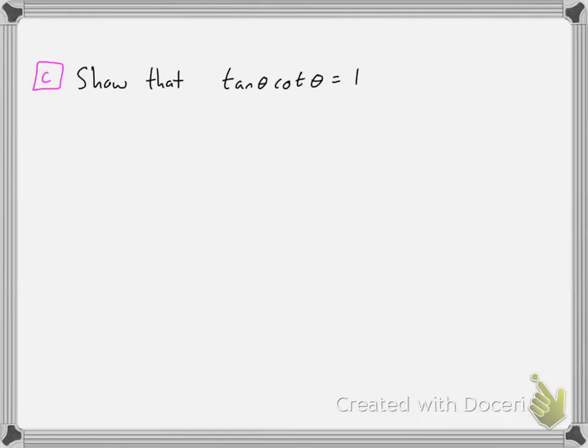One more example, and we'll be good to go. Here, I want to show that tangent of theta times cotangent of theta equals 1. As I said before, whenever I see tangent or cotangent, typically a good rule of thumb is to rewrite these in terms of sine and cosine. So I know that tangent is sine over cosine, cotangent is cosine over sine, and I'm going to leave the right side the same.